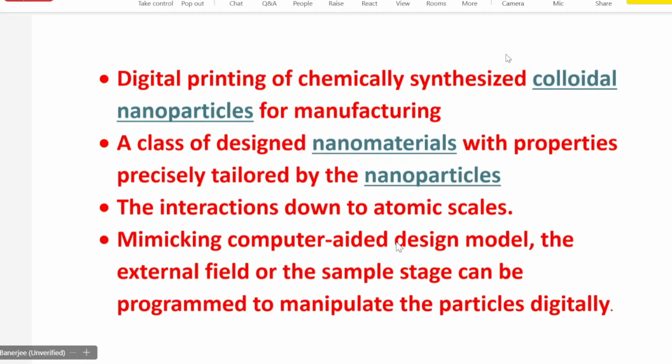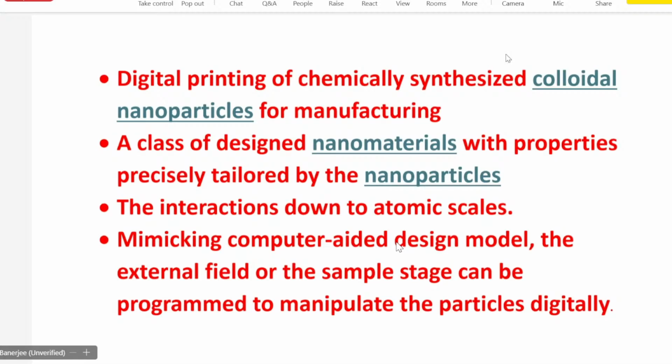This is a typical advancement of additive manufacturing. I want to go for atom by atom positioning. So our consideration moves from the microscale of particles to the interaction of atoms, which finally decides the property. We are now coming down to that level of manufacturing. That is why colloidal nanoparticles are used, whereas the conventional technique uses particles.